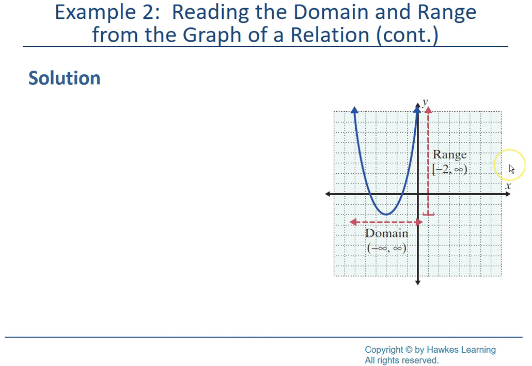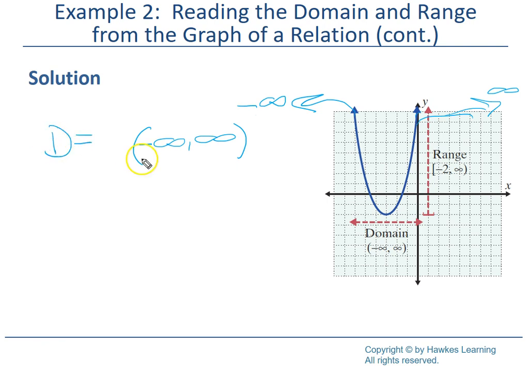All right, now how about this one? Again, they're asking us for domain. So, in a sense, little by little, this line here is going to go out to positive infinity for x values, and out this way to negative infinity for x values. So the interval notation would be from negative infinity to positive infinity for the domain.